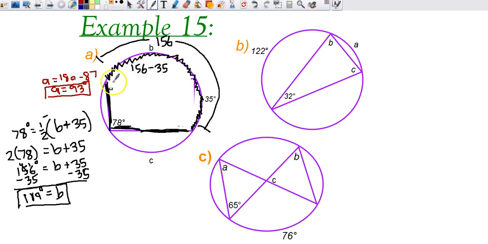Okay, and the last one on this problem is to get C, and I'm going to erase all this, so make sure you write it down. I'm going to do B and C separately. You might want to use a separate sheet of paper for these. To get C, we're going to use a similar process.